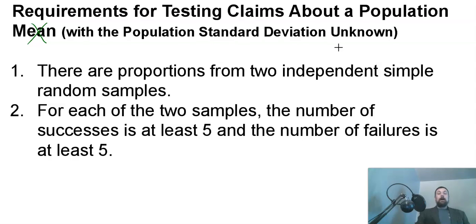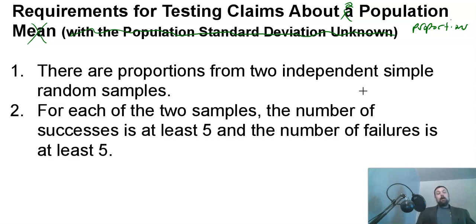Requirements for testing claims about two population proportions. That's what this title should have said. And then this part, of course, isn't even relevant for that. So I apologize for making that mistake again. What I said before, first edition, there's a lot of typos. When you update it, revise it, and release new editions, I'll go back and fix all this.